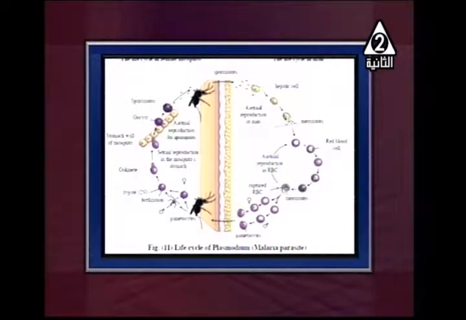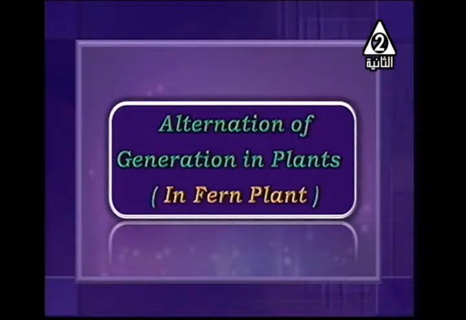On the other side, when they are released from the red blood cells, they are reproduced by schizogony, and they are reproduced sexually in the stomach of the Anopheles mosquito. Those are the two different generations. One of them sexually, and the other is what? Asexually.